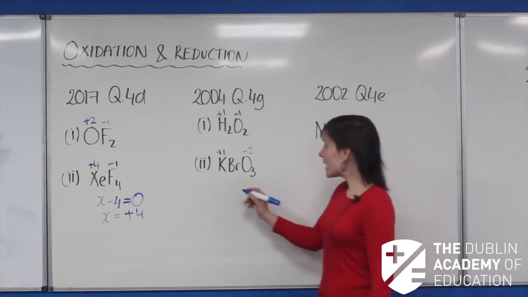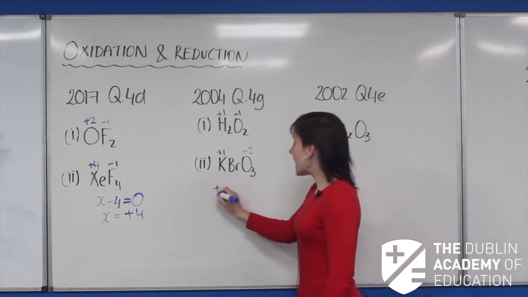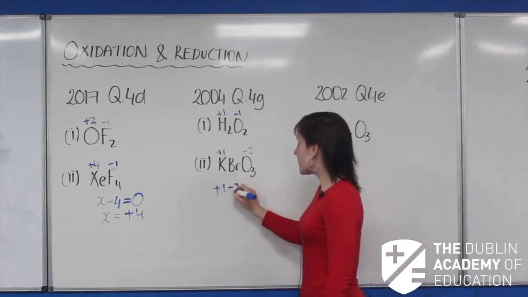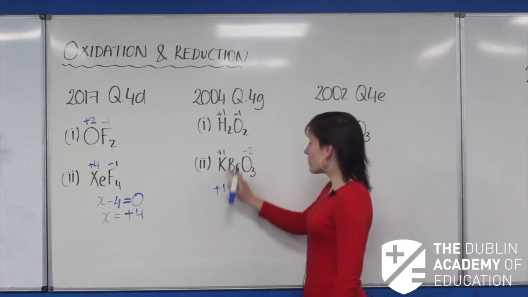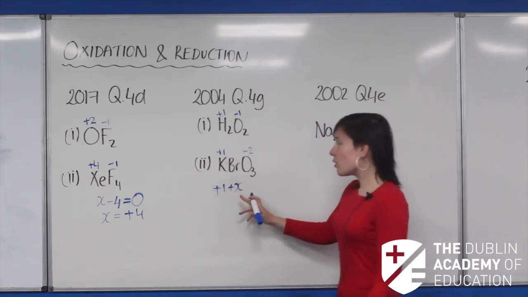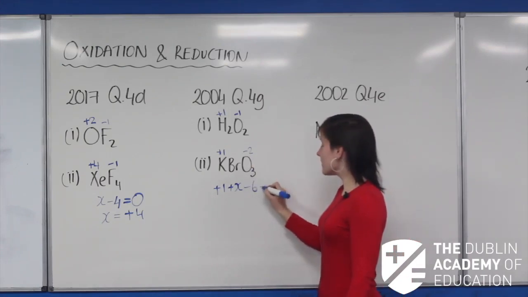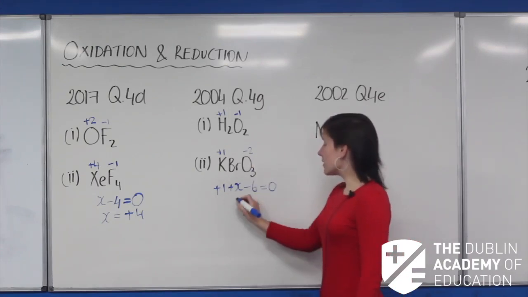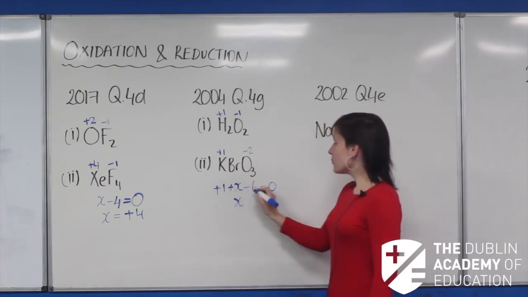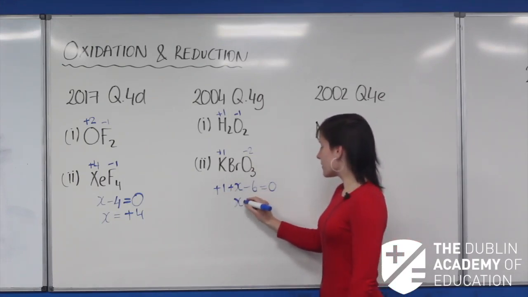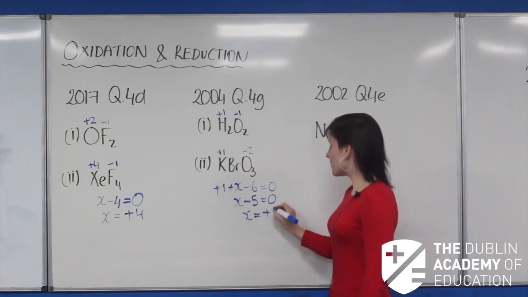So to work out the oxidation number, again, we just use a very simple little algebra equation. We've got the plus 1 for the potassium. I'm just going to call the bromine X for the moment because we don't know. Minus 6 equals 0. So plus 1 minus 6 is minus 5 equals 0. So X equals plus 5.